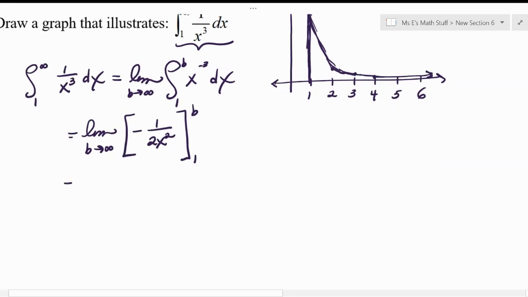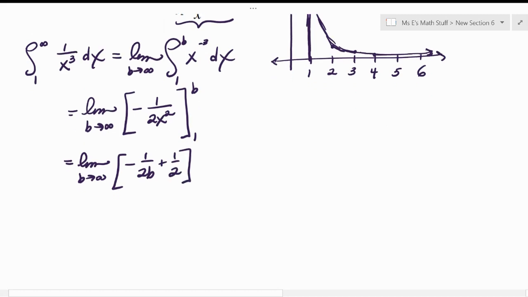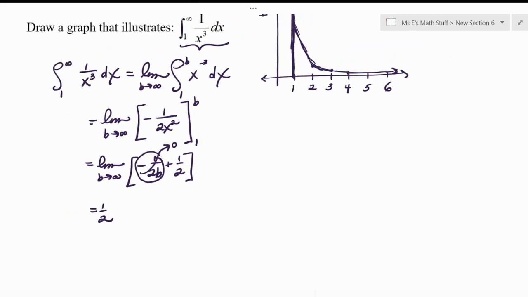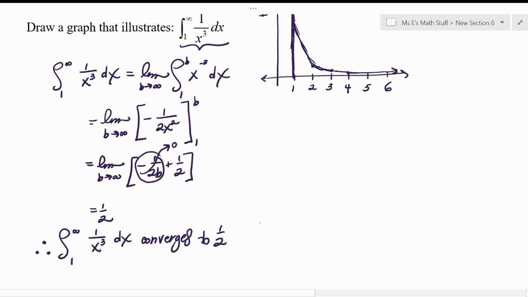Okay, you could plug in b. You could plug in 1. And then you could let the remaining b go to infinity, and notice that this first fraction would go to 0. And so you'd get 1/2. And so what did we just find out? We found out that the integral from 1 to infinity of 1 over x cubed dx converges. If somebody asked what it converges to, we could say it converges to 1/2.